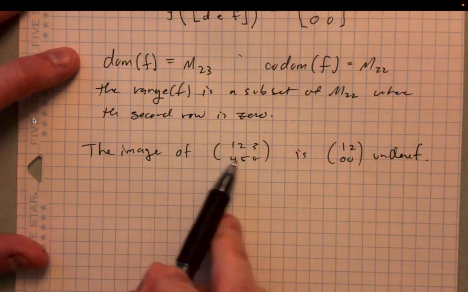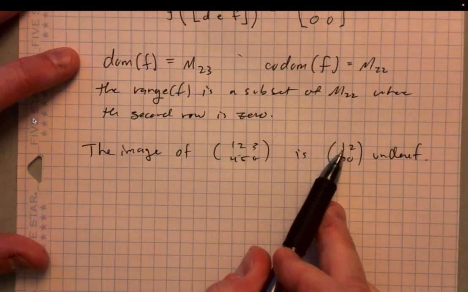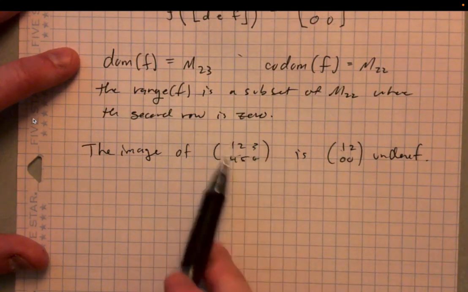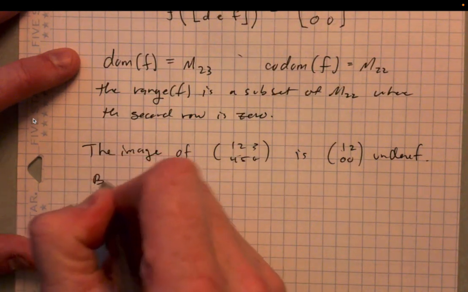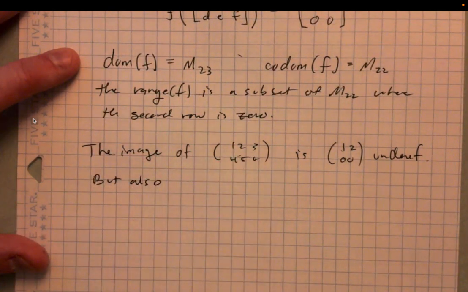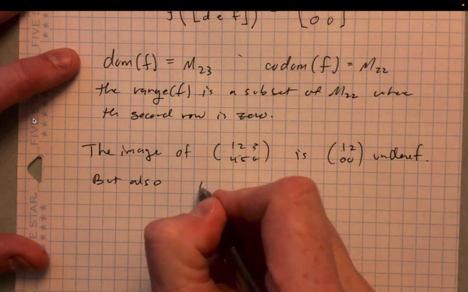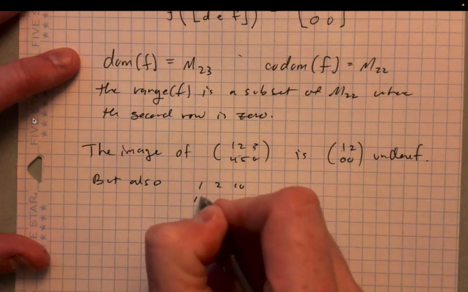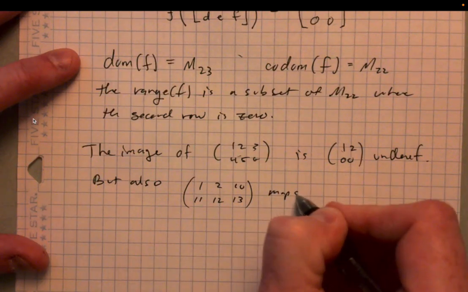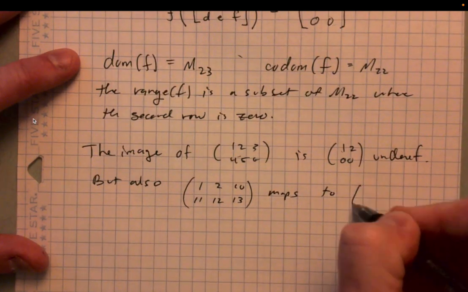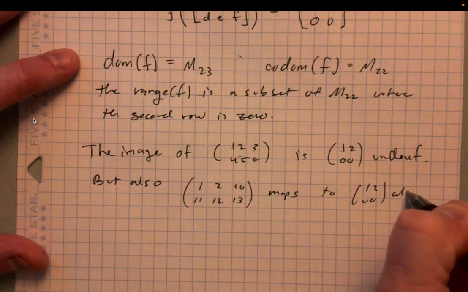So when I apply f to this matrix, I get this guy. But there are infinitely many matrices that will map into this guy, right? Also, the matrix 1, 2, 10, 11, 12, 13 maps to 1, 2, 0, 0 also, right?